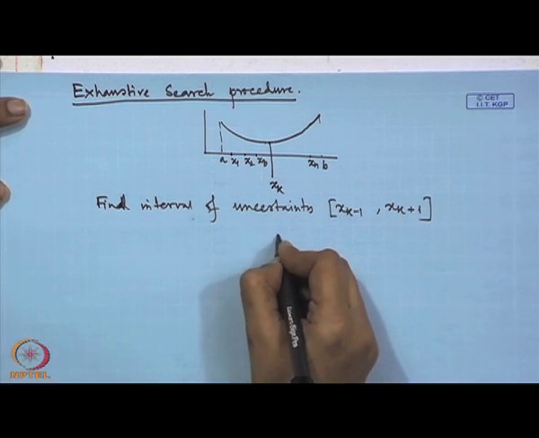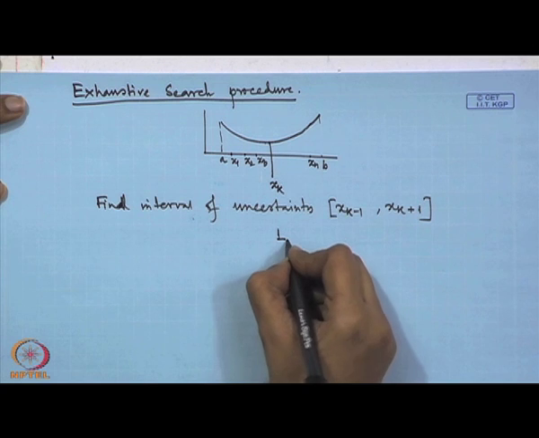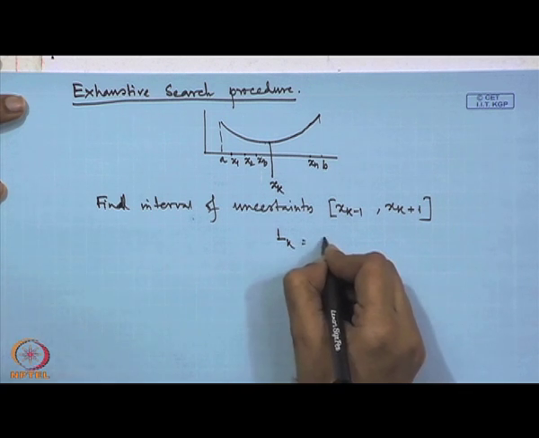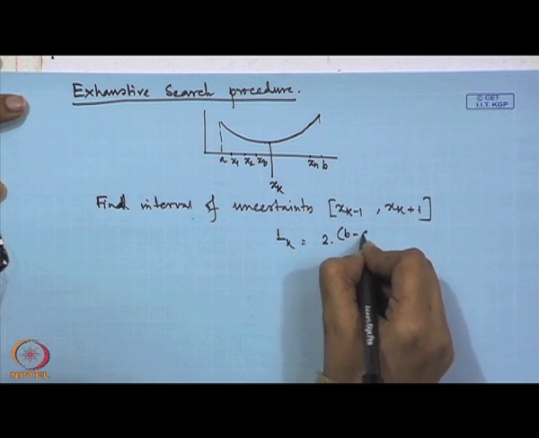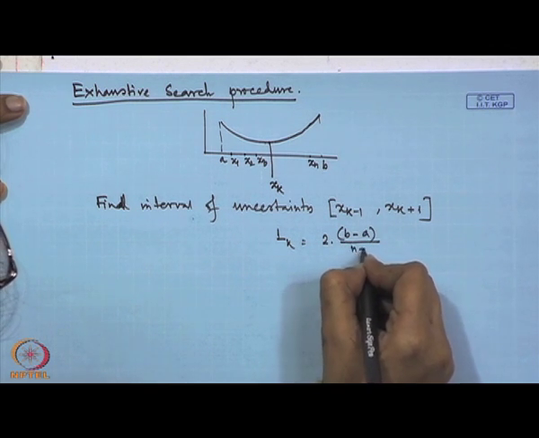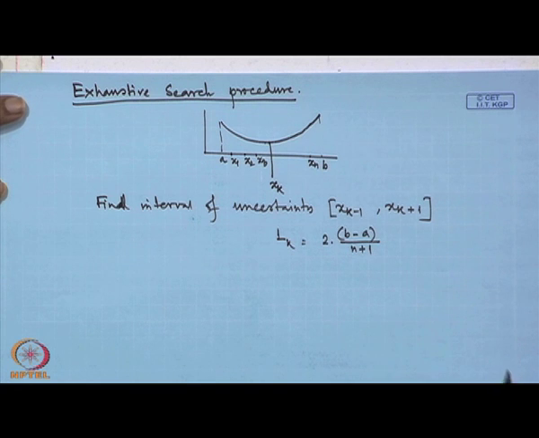Then what is the corresponding length for it? Certainly the corresponding length would be 2 into (b minus a) divided by (n plus 1), alright.